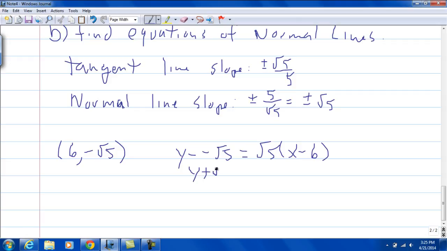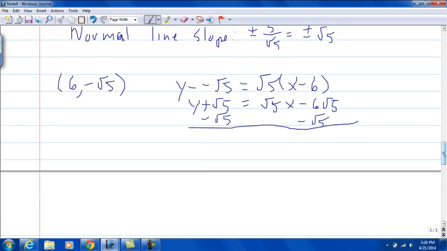That's y plus the square root of 5, because of the double negative, equals the square root of 5 times x minus 6 root 5. If I subtract the square root of 5 from both sides, I get y equals the square root of 5 times x minus 7 times the square root of 5.